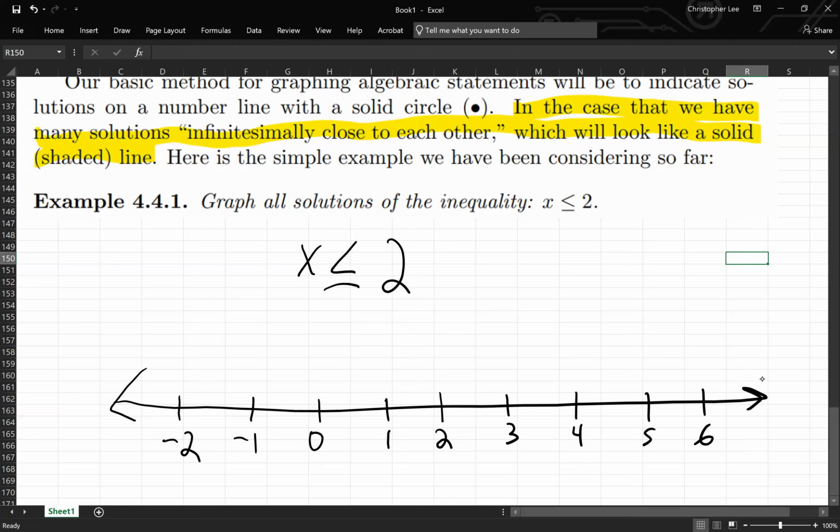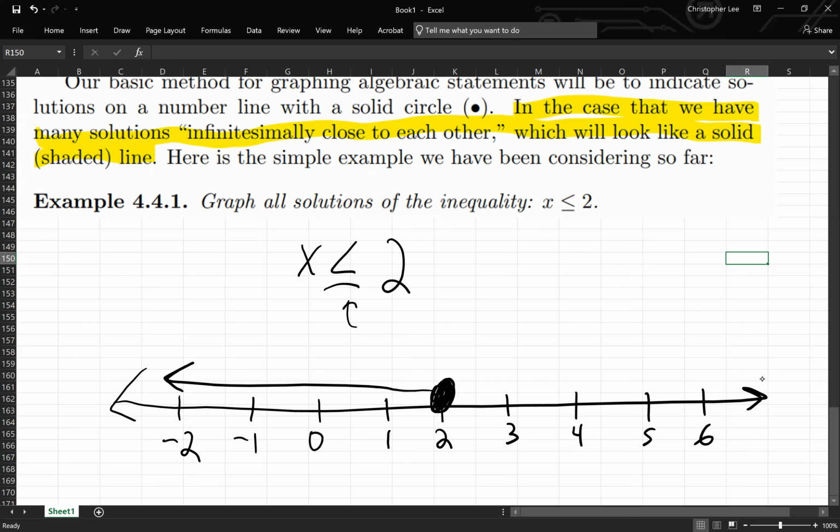I put 2 in the middle. Because this is less than or equal to, we want to draw a dark circle here, just like that. And then it's less than or equal to, so we're going to go to the left. And that's it.